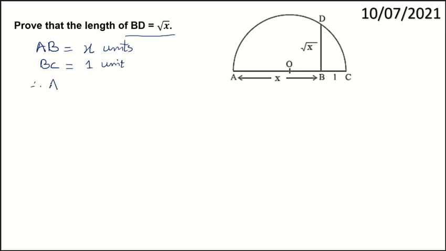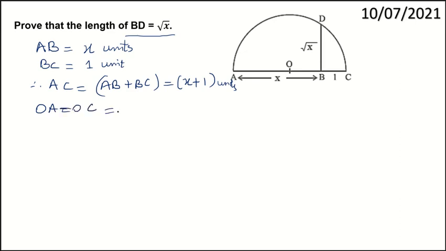Therefore, AC, which is the sum of AB and BC, has length x plus 1 units. Now, you know that OA or OC is half of AC, which implies (x plus 1) by 2 units.